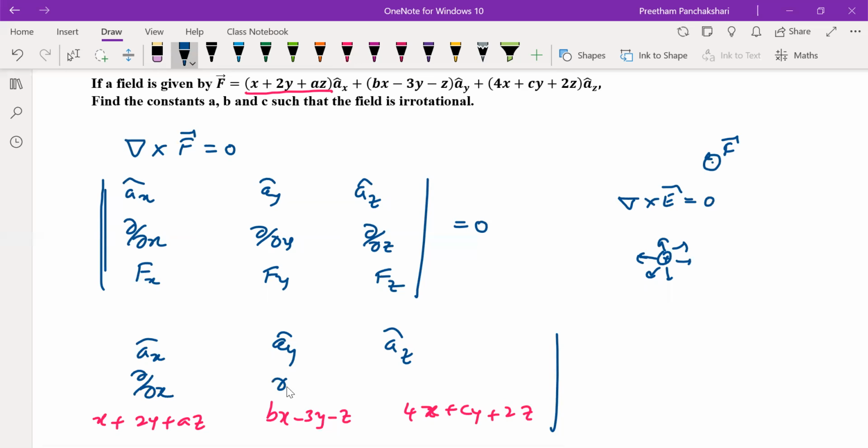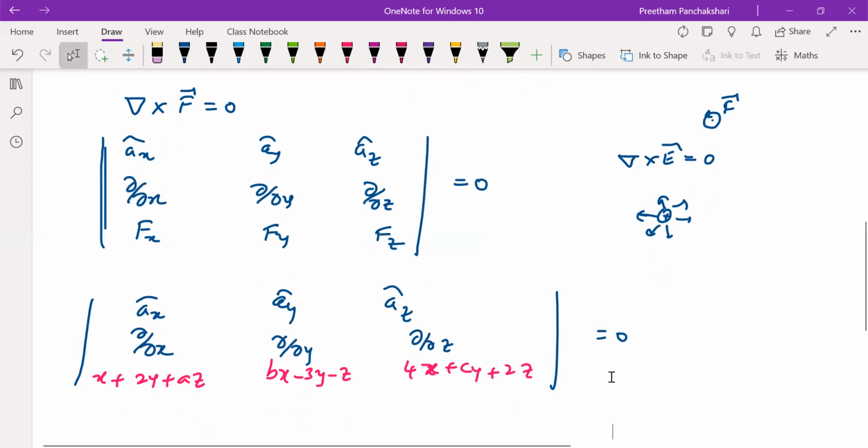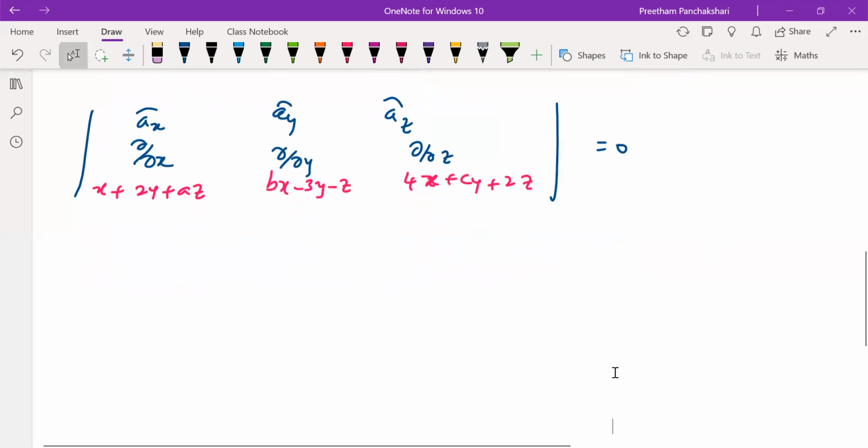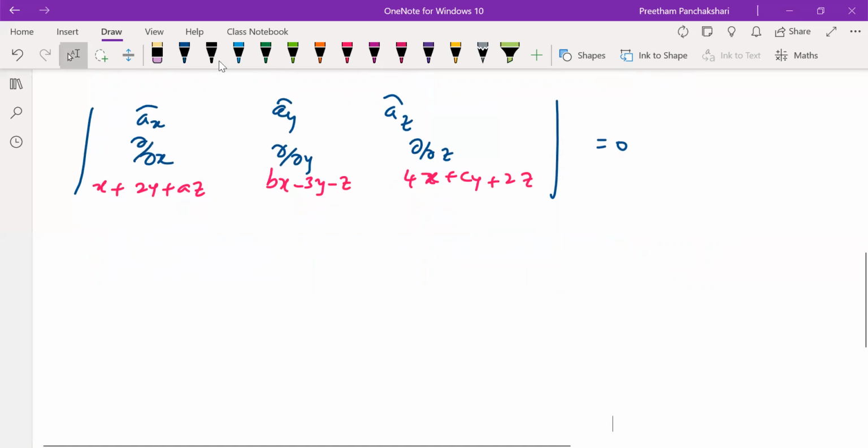And the second row, dou by dou x, dou by dou y and dou by dou z is equal to 0. Let us solve this determinant.